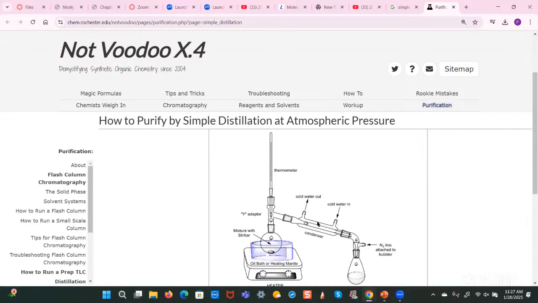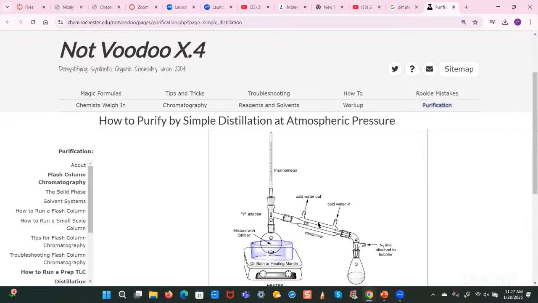Now the purpose of the condenser, as the name suggests, is to condense the vapors that are coming into it. And the way that works is that when the vapors come in, now remember the water is circulating always in the outer jacket, right? So when the vapor comes in, the vapor will hit the inner walls of the tube. And because the walls are cooled by the water that is circulating around it, the vapor will be converted to the liquid, right?